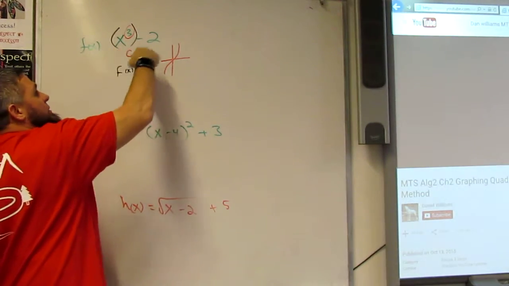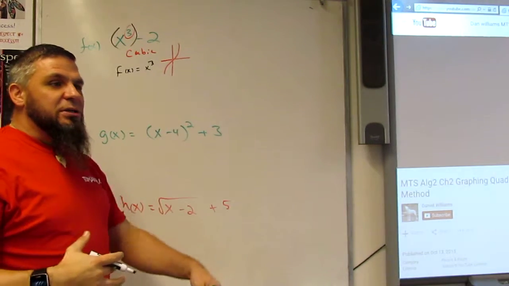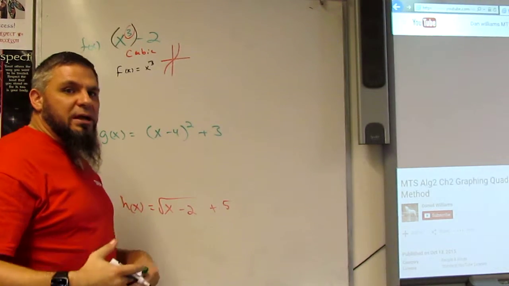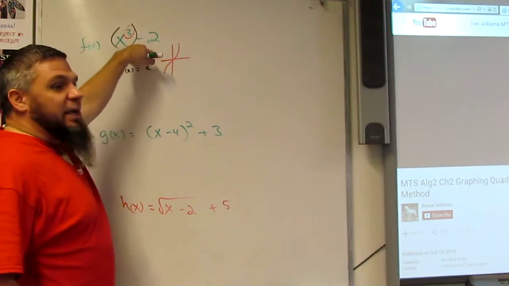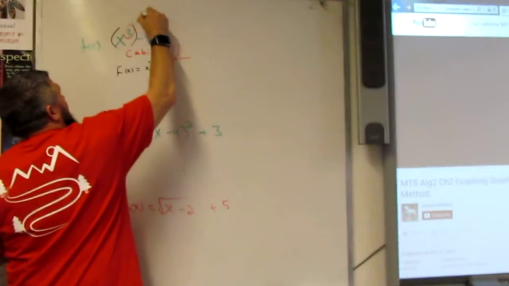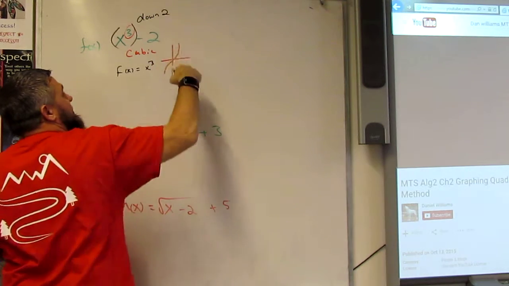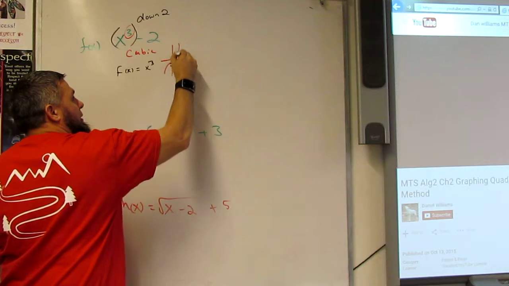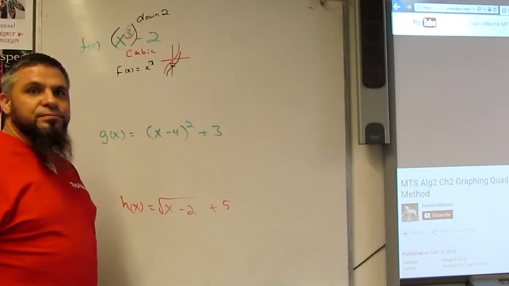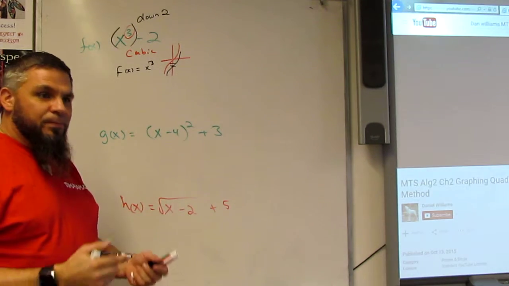If I'm moving the function, am I going up, down, left, or right? Up or down, and because this is minus, I'm going down 2. So I'm going to take this function and go down 2. That's all we're doing. Does that make sense?